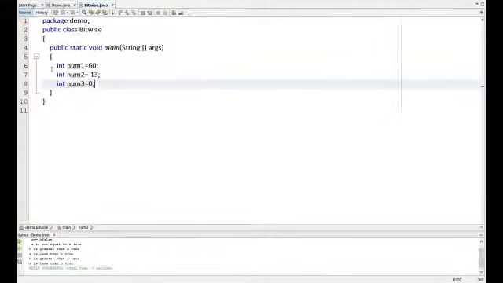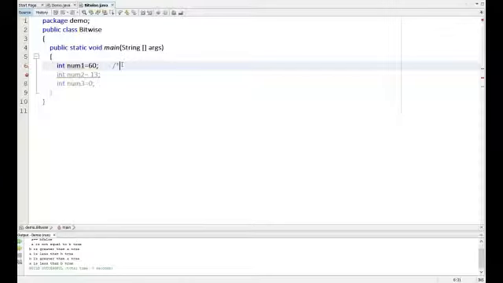So we see that the bitwise operators operate on the bits, so the numbers can be defined in terms of bits. 60 can be defined as 0 0 1 1 1 1 0 0.